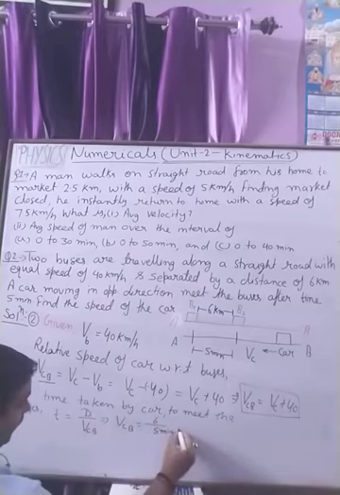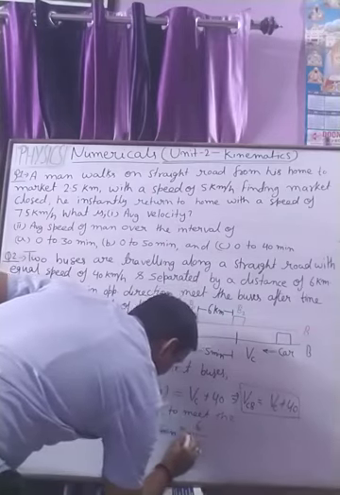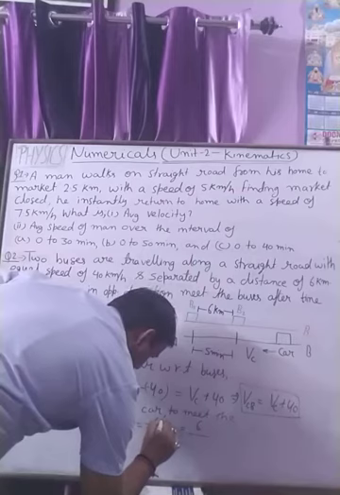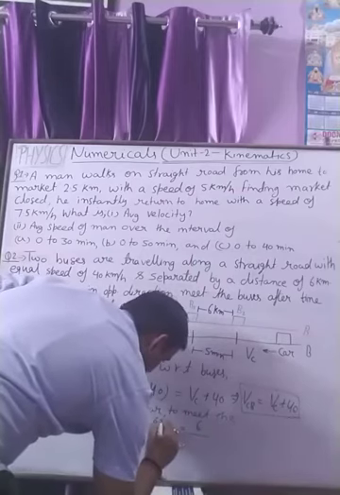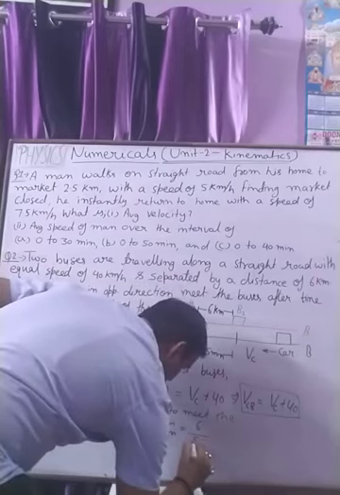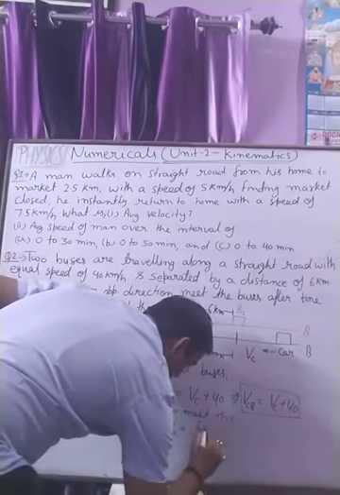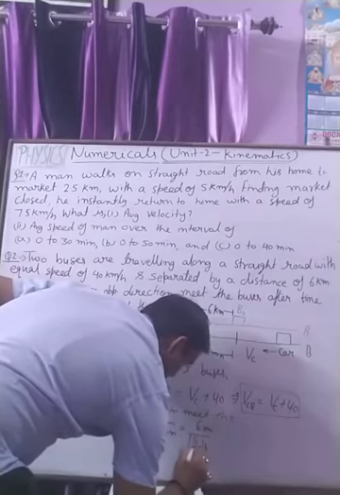Okay, we can solve it by using 6 km, and converting minutes into hours, 5 upon 60 hours. It is in kilometers and it is in hours.